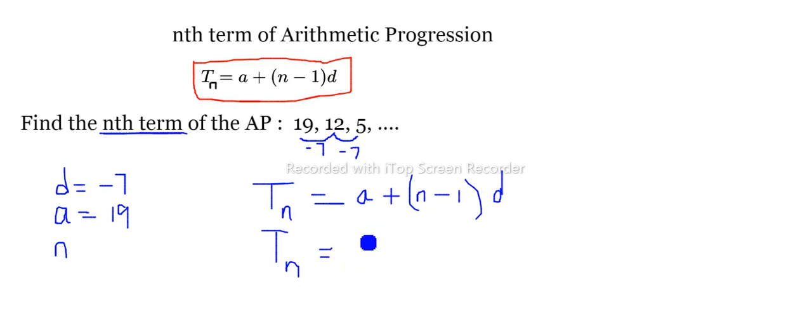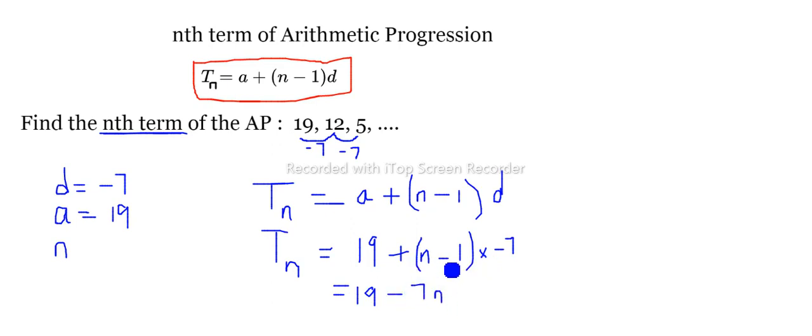So a is what? 19 plus n minus 1 multiplied by minus 7. If we simplify this, now we have 19 plus n times minus 7 will give us minus 7n.